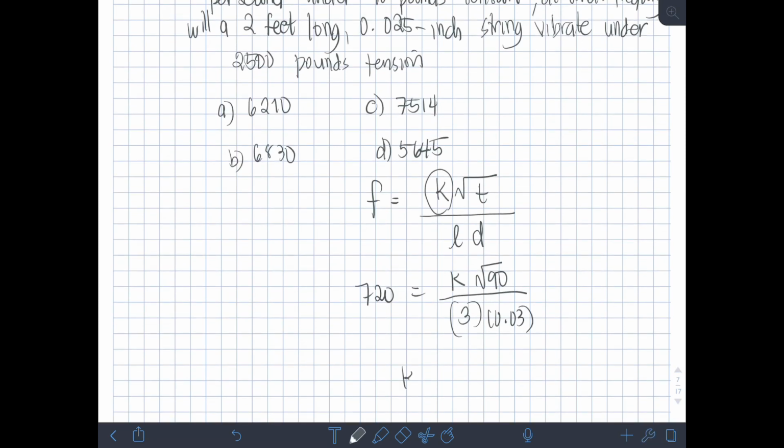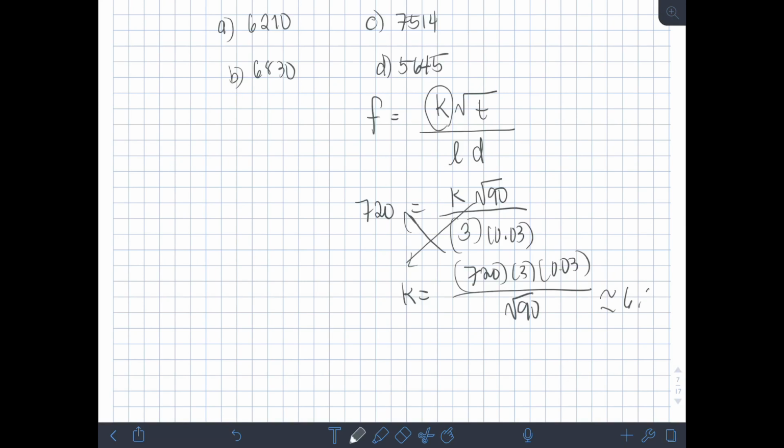Okay, so masasolve natin si K as, so cross multiply. So, 720 times 3 times 0.03 over itong square root of 90 sa denominator. So, masasolve natin si K as approximately 6.831. Okay? So, therefore, ang equation natin ay F is equal to 6.831.